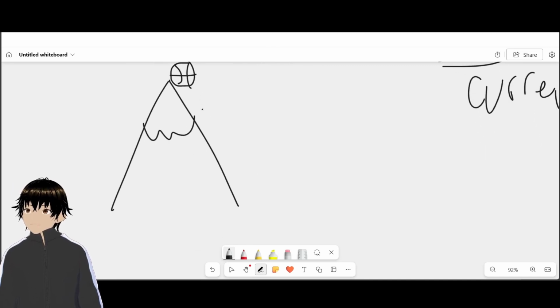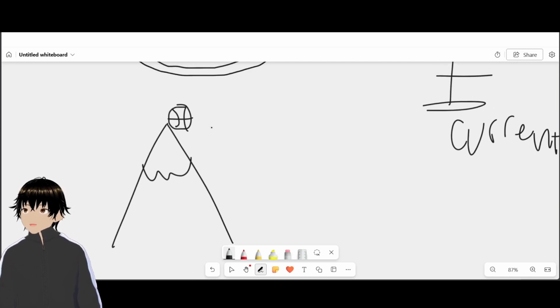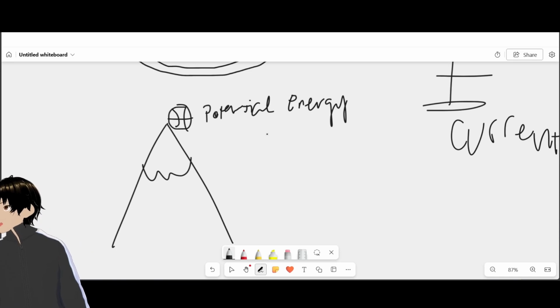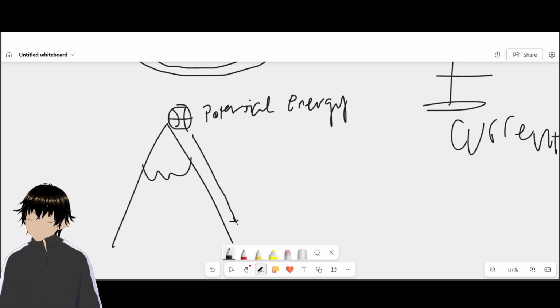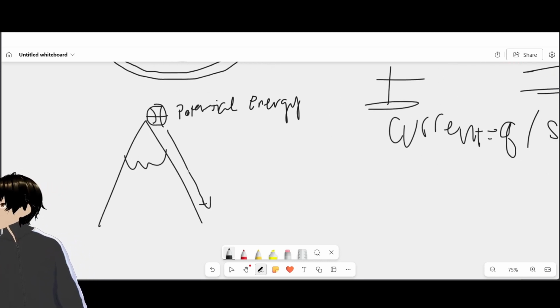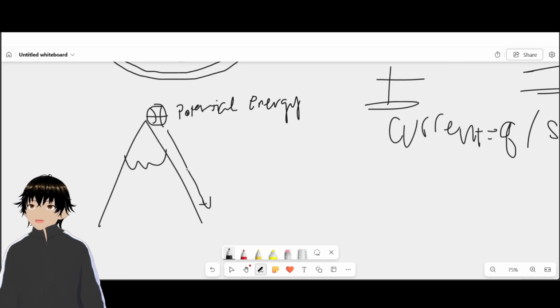Obviously, this ball is going to go downward, and all that potential energy from the ball will turn into kinetic energy, and that ball will go downward. So it's the same thing with the concept of currents.